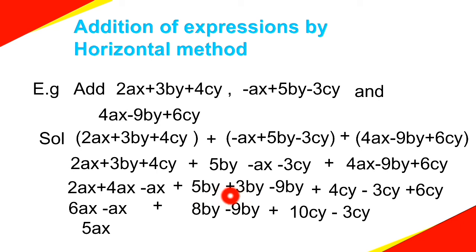Here both the variables are same but signs differ and constant terms also differ. 8 minus 9. In these two what is the highest value? Right, that is 9. For 9 what is the symbol we have? Minus. 8 minus 9 is minus 1b. Next, 10cy minus 3cy. 10 minus 3. Right, that is plus 7cy.